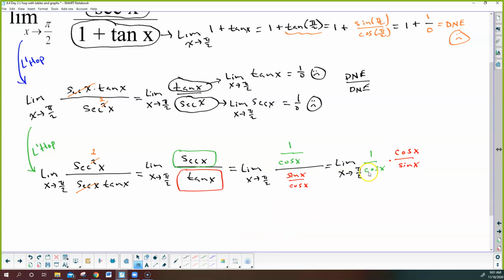Notice the benefit to doing that is the cosines go away. And I'm left with 1 over sine, which now this is either going to give us our answer or it's going to tell us it's undefined.